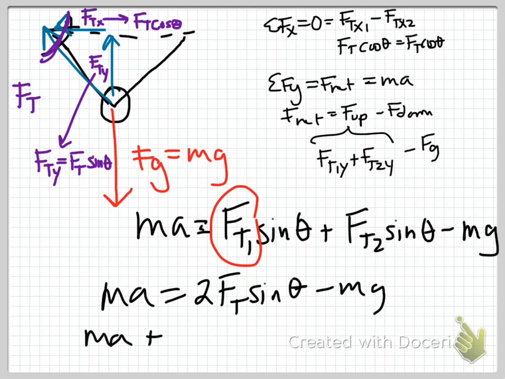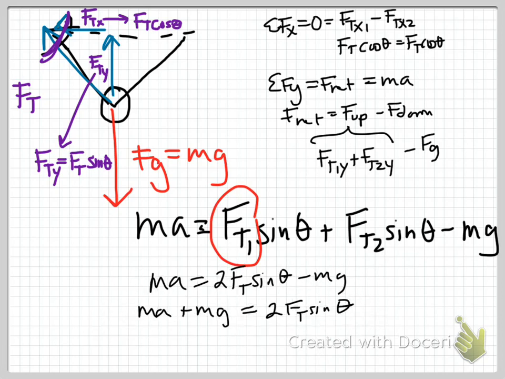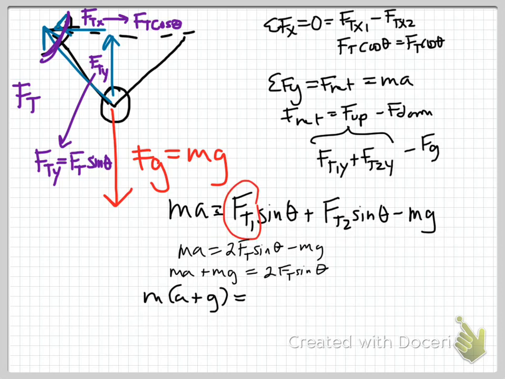So ma plus mg equals 2 ft sine theta. I can, and it's sometimes useful, do that and factor out an m. Let me shrink some stuff here. Divided by 2 sine theta gives me force of tension.